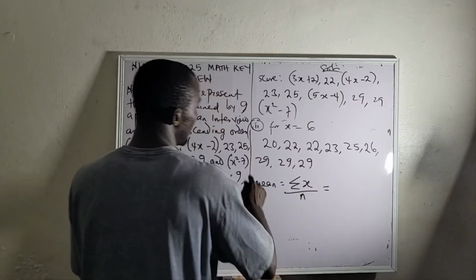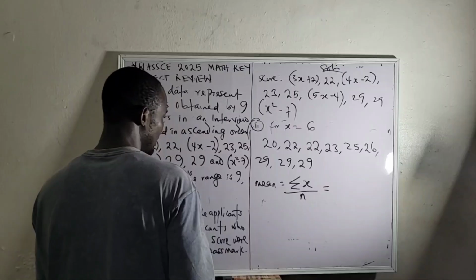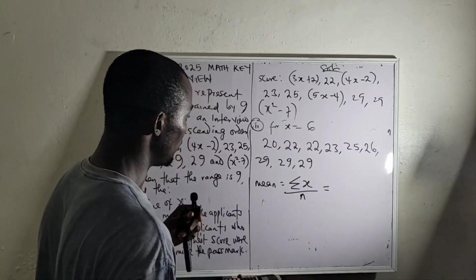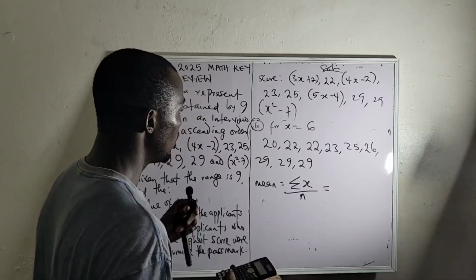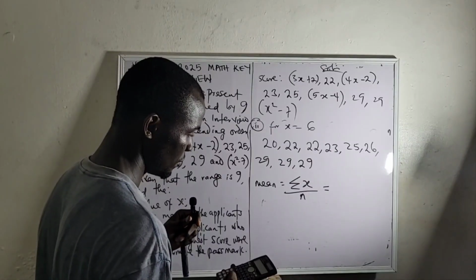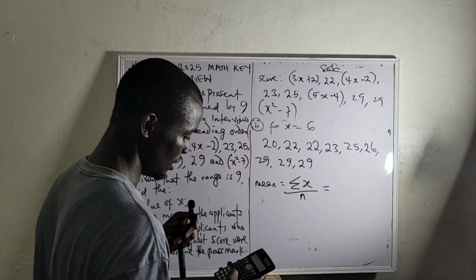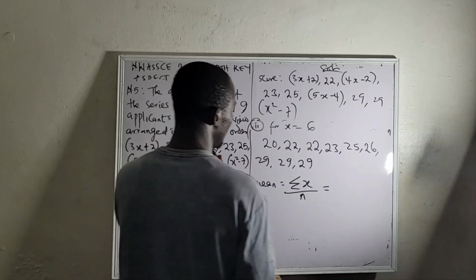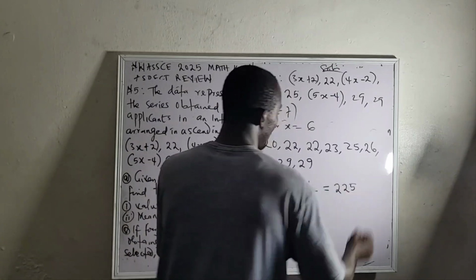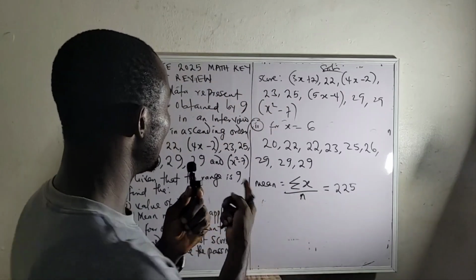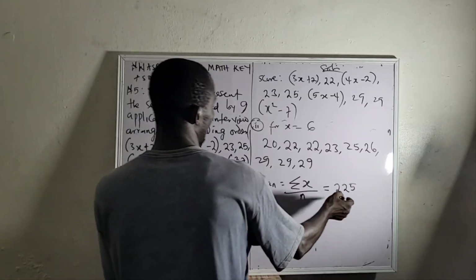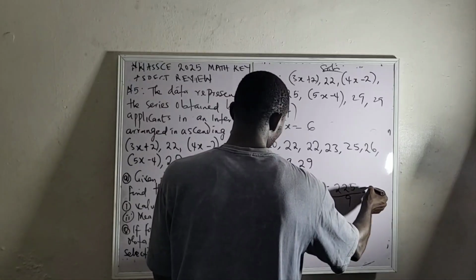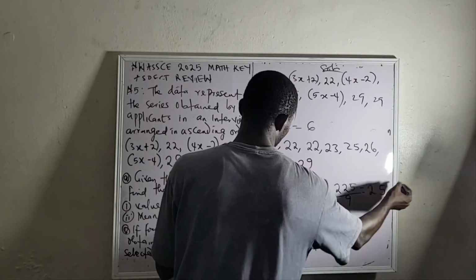If we add everything together, that is 20 plus 22 plus 22 plus 23 plus 25 plus 26 plus 29 plus 29 plus 29. That is going to be 225. And the total number of individuals who sat for the test is 9. So this is going to be 25.